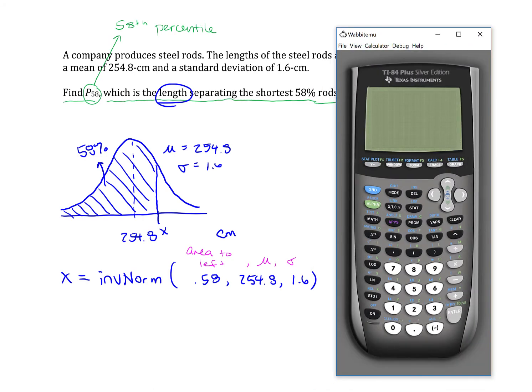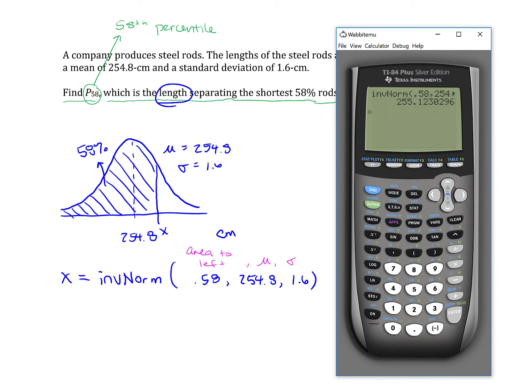So if I get my calculator to find out what the value of x is, then I would do second vars, which brings up the distributions menu, come down to inverse norm, and give it the three inputs here that I've written in. So 0.58, comma, 254.8, and 1.6.